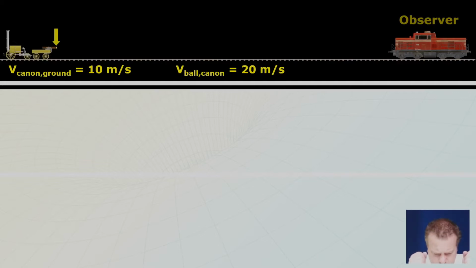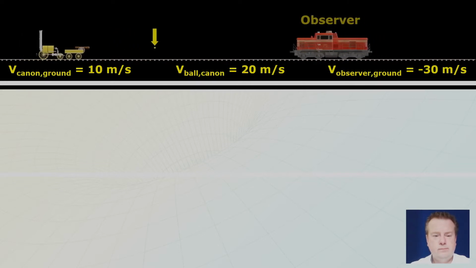So if you were the cannon, you would see the bullet go outwards 20 meters each second. And the observer will move to the left, that's why there's a minus sign, and in this case, he will go 30 meters per second. Okay, so far so good. Let's see the animation.